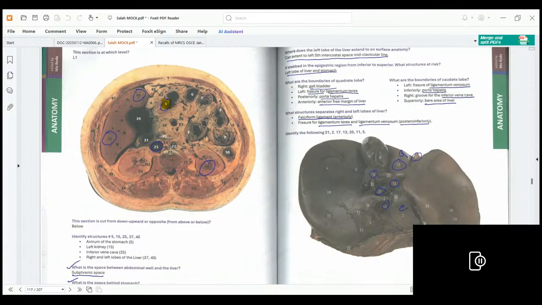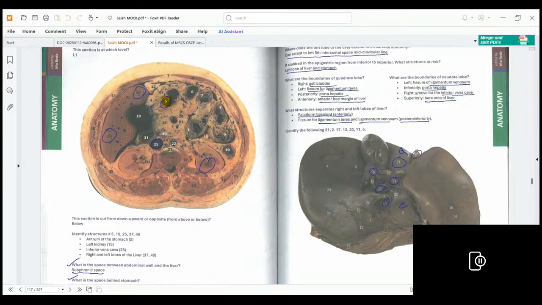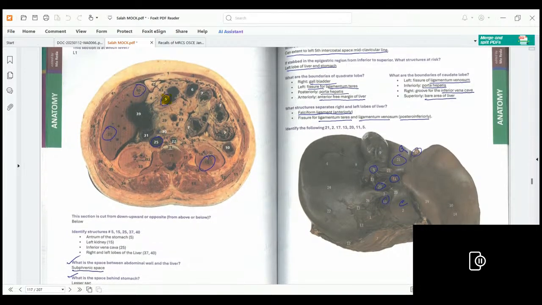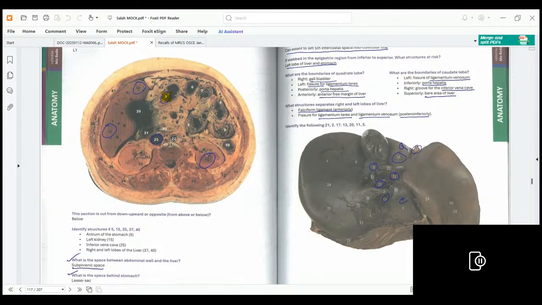Number 15, left kidney. You can see the structure. Asma, you can see.